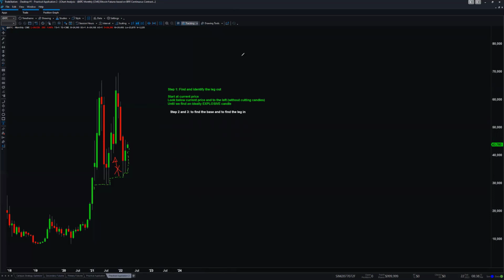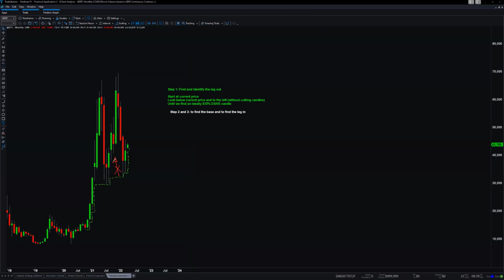So as I go below, I have to find a base followed by a leg in. There's none, right? There's again an explosive candle. Okay, could be another leg out. Now I'm here. This could be a decisive or an explosive candle. And then I look again to the left, and now potentially I see a base, and I potentially have a leg in as well.